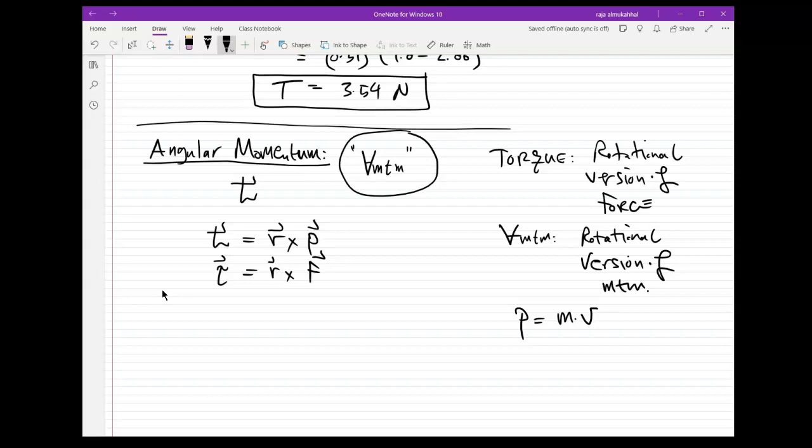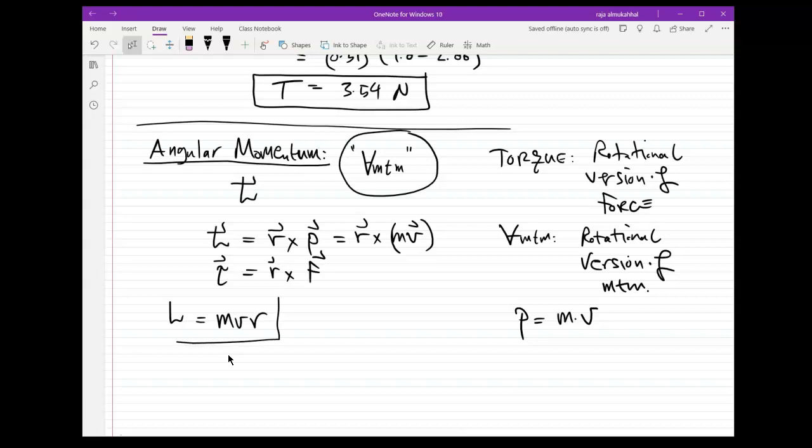There is a scalar version to momentum, which is the one that you should really know, and it's an easy one. Angular momentum is R cross P. Remember, P is mv, so I can write it this way, R cross mv. So the angular momentum, the scalar version, is mvr, or rmv, without the vectors.